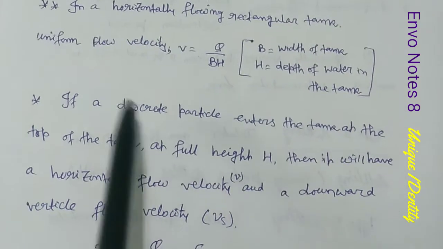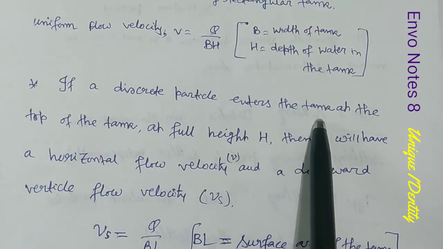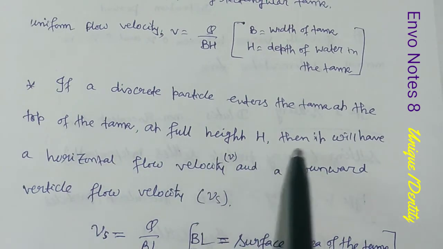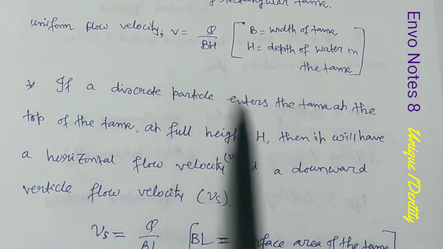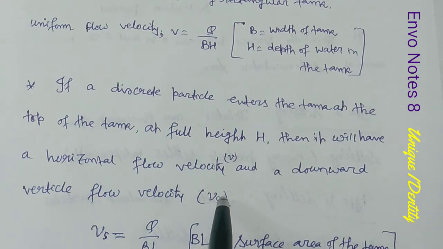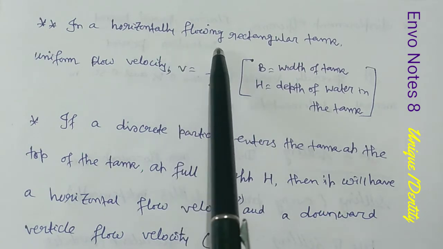Okay. Next, if a discrete particle enters the tank at the top of the tank at full height H, then it will have a horizontal flow velocity v, that means this v, and a downward vertical flow velocity vs. Okay, that is what I was telling previously, that it will not always have a horizontal flow.